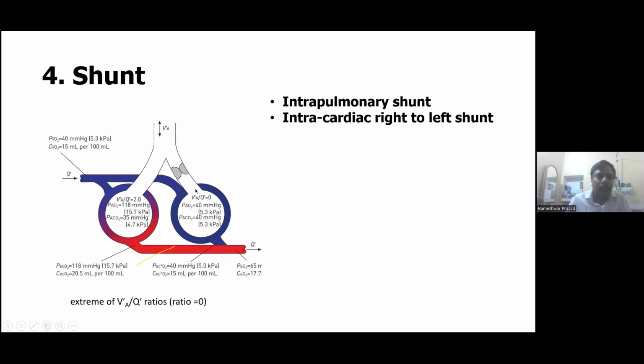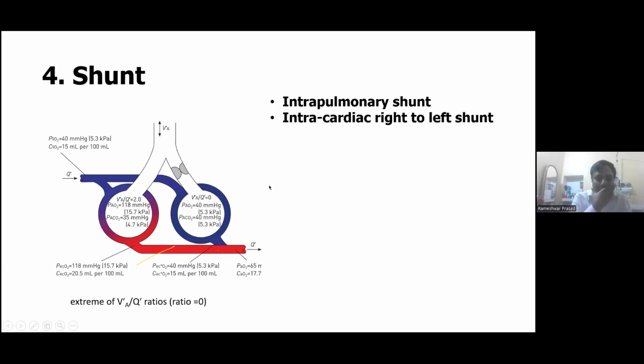However, one alveolus is completely blocked. There is no air exchange in the alveolus. What is the clinical scenario where it happens? It is due to intrapulmonary shunt. This is called intrapulmonary shunt. Now, ventilation is zero, perfusion is okay, the ratio will be zero. So, in shunt, the ventilation perfusion ratio will be zero.